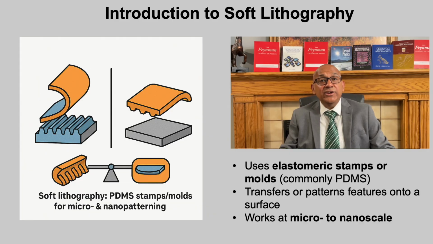The basic idea is to cast a soft polymer like PDMS against a master template, then use it as a stamp or mold to transfer features onto another surface. This approach is practically useful for fabricating microfluidic devices, biosensors, and nanopattern surfaces, making it a key tool in both research and applied nanotechnology.